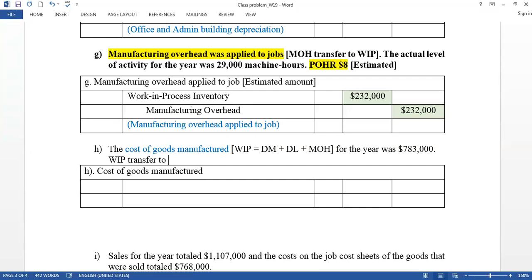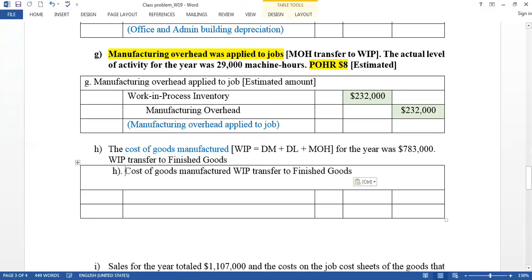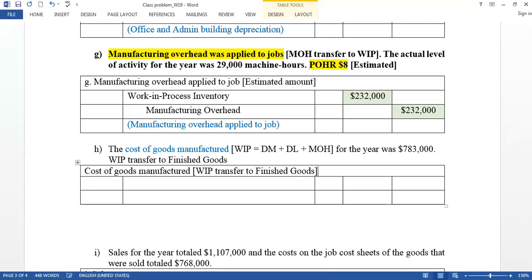Finished goods. Very good. So cost of goods manufactured means WIP transferred to finished goods. This is the meaning of cost of goods manufactured.